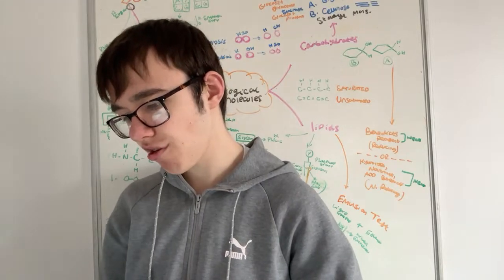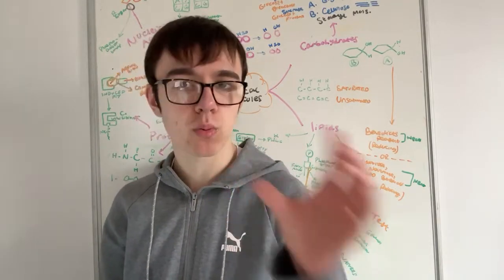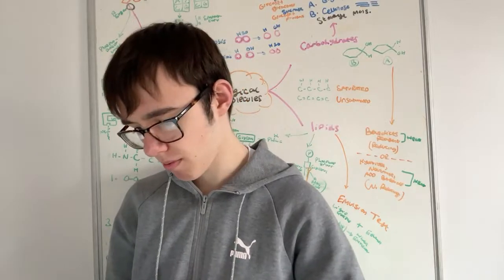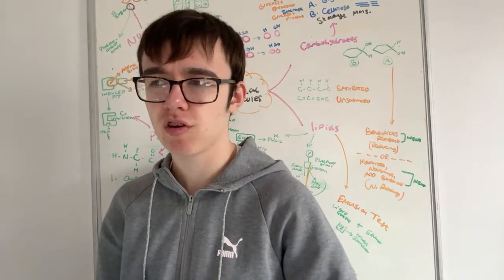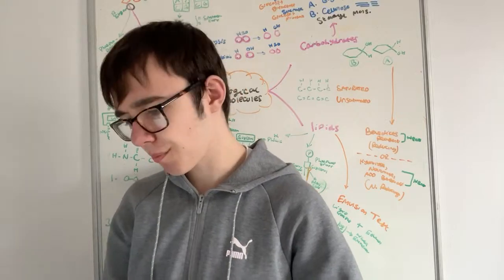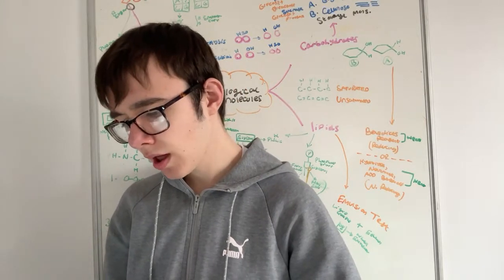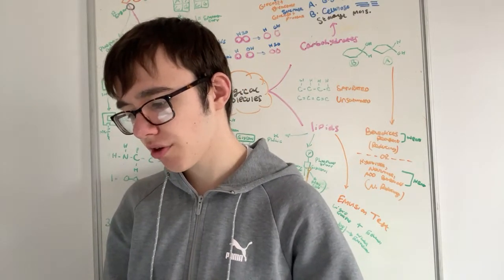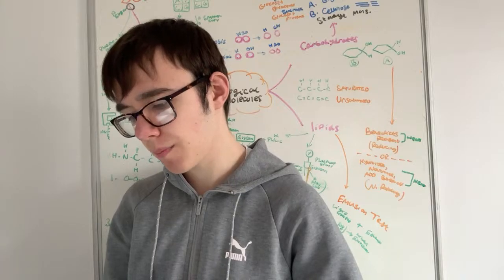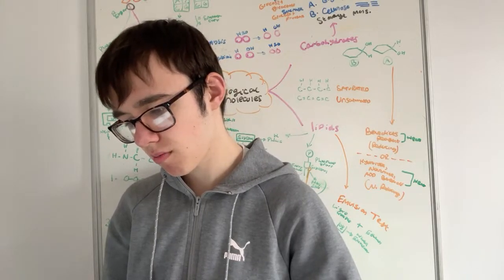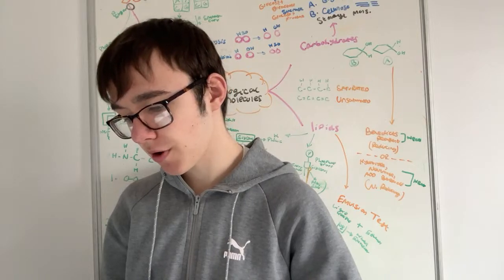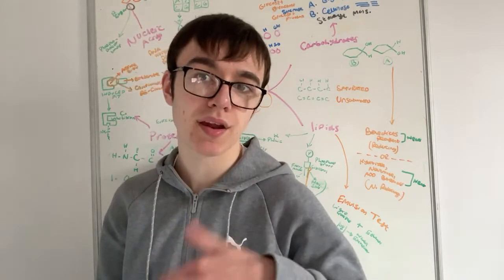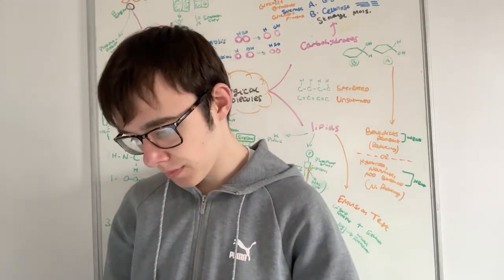Where is the energy stored? It's in the bonds between the phosphate groups. They're very, what's the word? High energy, but easy to break. The energy is released via what type of reaction? That would be a hydrolysis. When energy is needed, ATP is broken down into ADP and an inorganic phosphate.